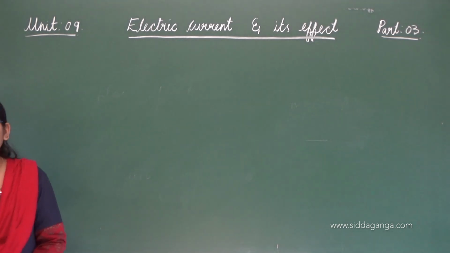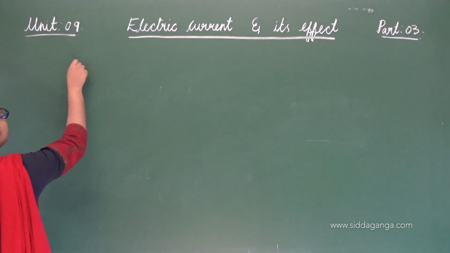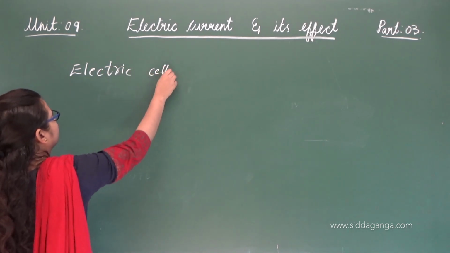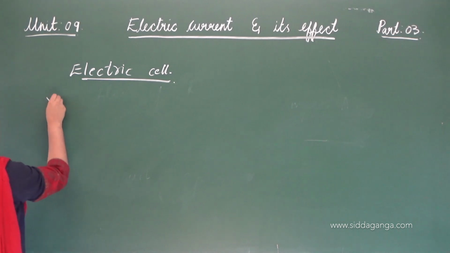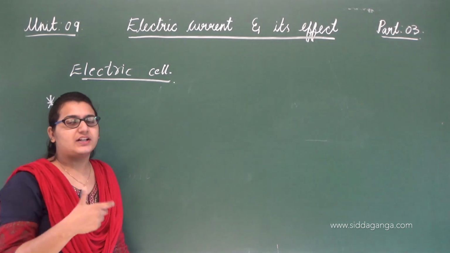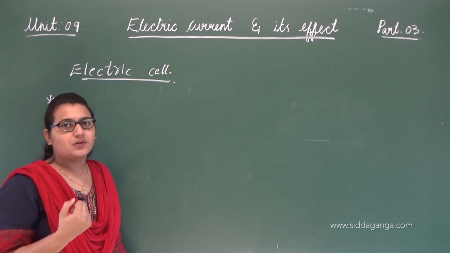And yes, let us continue with this chapter. So what is this electric cell exactly? This electric cell is the one which generates electricity. It is because of this cell that we can make use of the current.